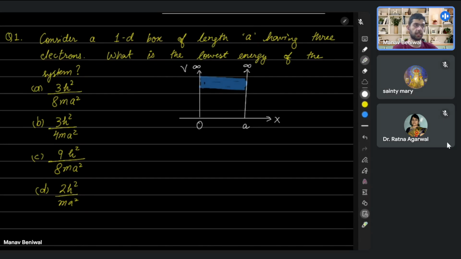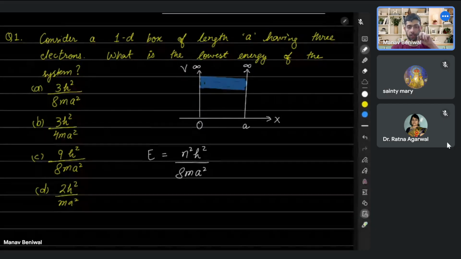Now if that is the case, we can write the energy E to be n squared h squared upon 8m a squared.